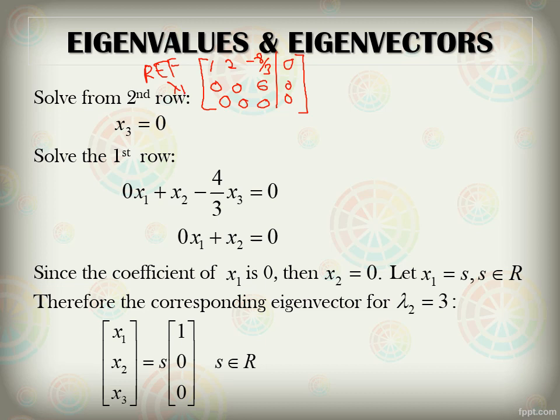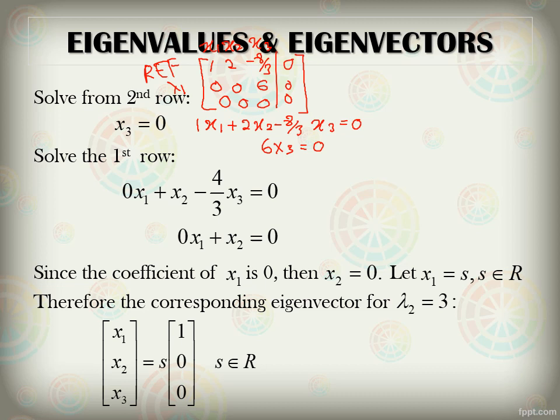If you look here, each of these unknowns x1, x2, x3 has a coefficient. So here for x1, it is 1x1 plus 2x2 minus 8 over 3 x3 equal to 0. And the second row is 6x3 equal to 0.